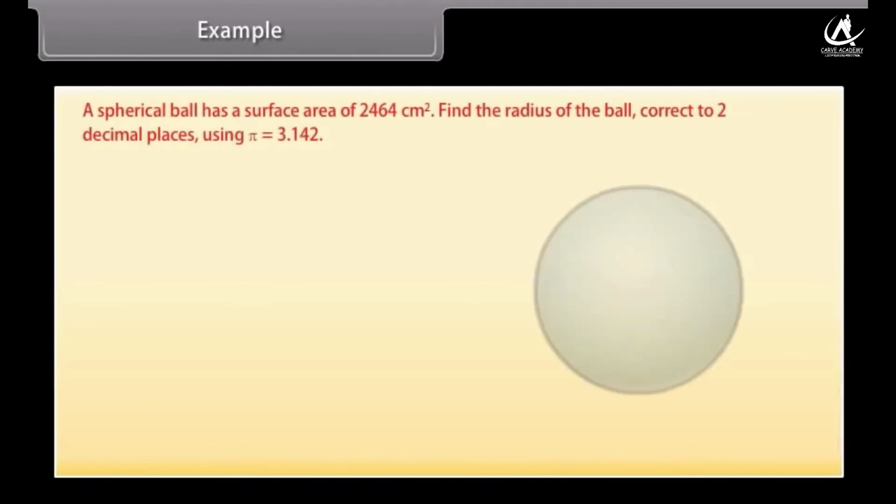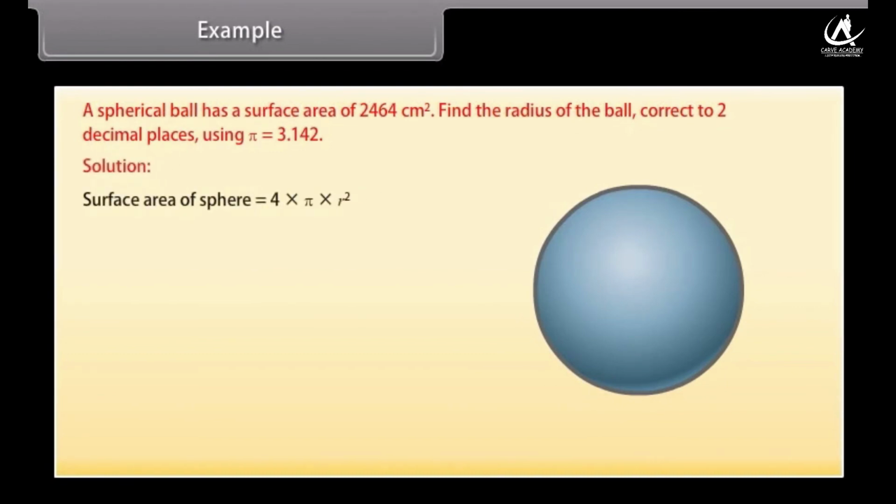Example: a spherical ball has a surface area of 2464 centimeters square. Find the radius of the ball, correct to two decimal places, using pi as 3.142. Solution: we know that surface area of a sphere is equal to 4 into pi into r square. In order to find r, we need to isolate it from the equation above.